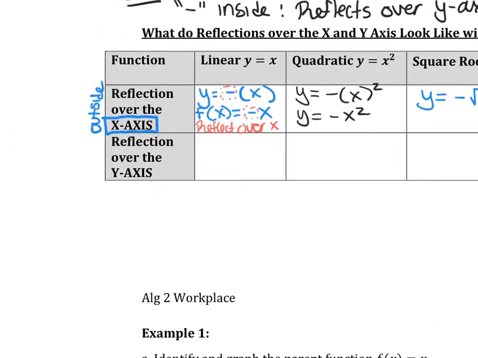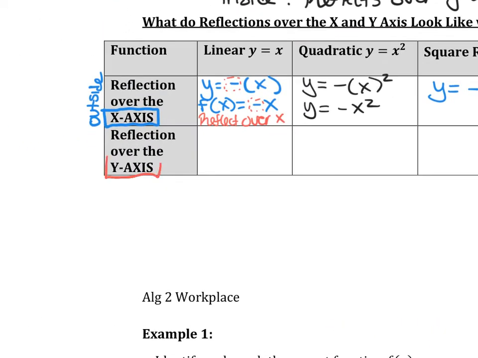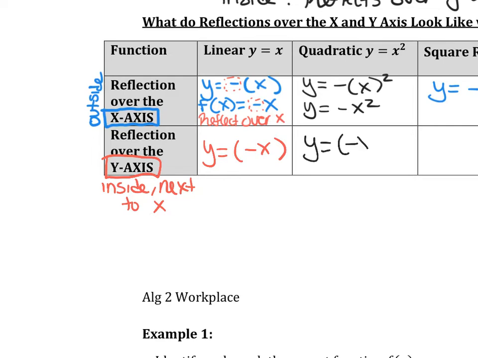When we reflect over the y-axis, this is where the negative is on the inside, right next to x. So this is where we have to have parentheses grouping the x and that negative together. Or with quadratic, again, there'd have to be parentheses grouping it together, so the negative and the x are both being squared.